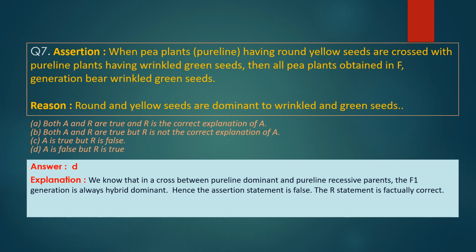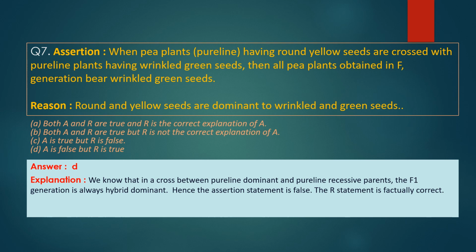Mono means one and di means two. Assertion: When the pea plants of pure line having round yellow seeds are crossed with pure line plants having wrinkled green seeds, then all the pea plants obtained in the F1 generation bear wrinkled green seeds. That's not right. And then reason: Round and yellow seeds are dominant to wrinkled and green seeds. The statement given in the reason independently is a correct statement.